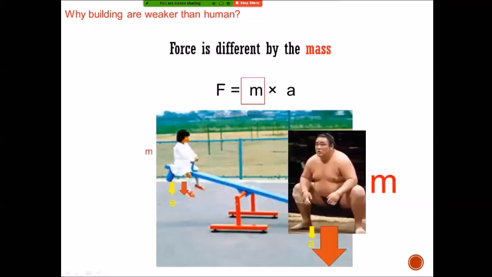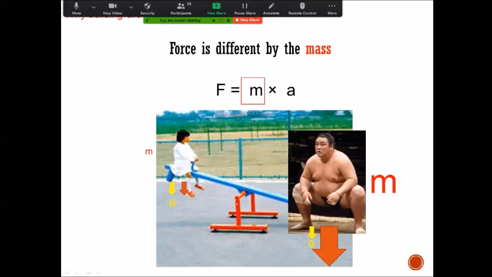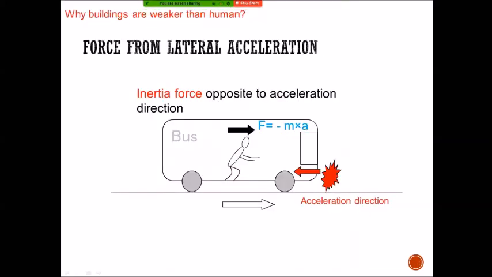This is another pictorial representation, where there is a higher mass, there will be larger force. And to understand the dynamics of this earthquake force, I take you to the concept of inertia, which we all experience when we are on a bus or train.